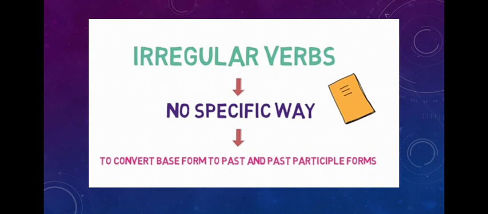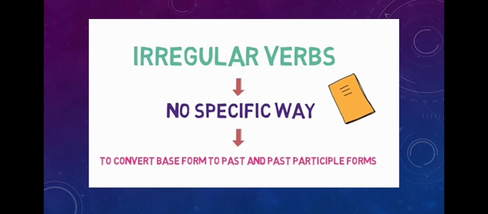But here in irregular verbs, there is no fixed pattern to convert base form, that is the present tense, to the past tense and to the past participle. The only way is to learn them. Okay, you just have to memorize the verbs. That is the only way to learn the irregular verbs.